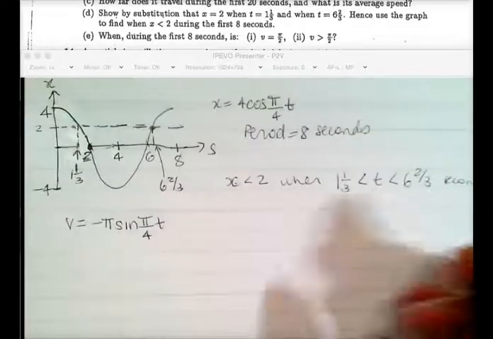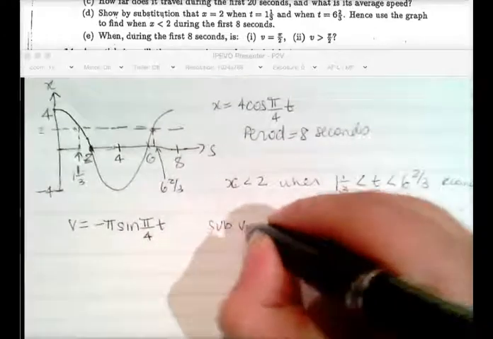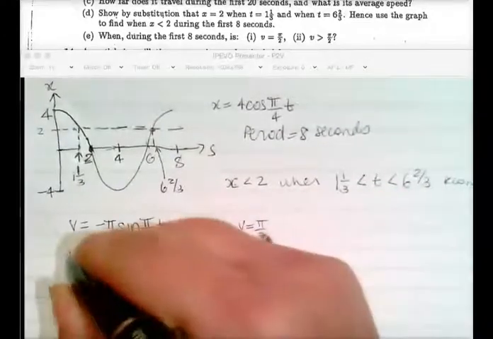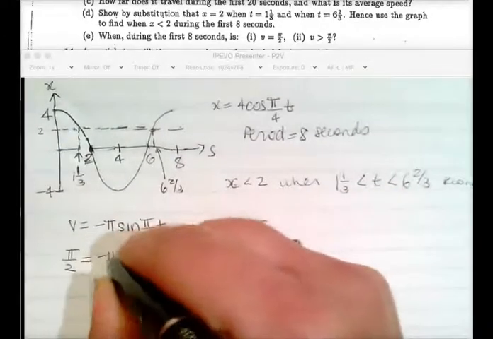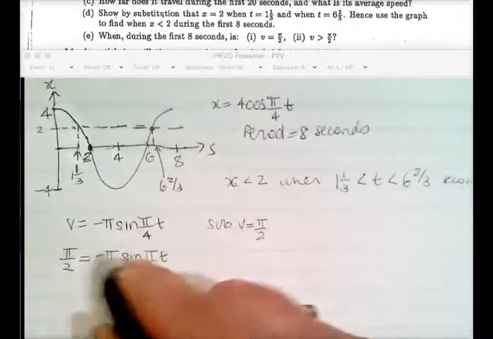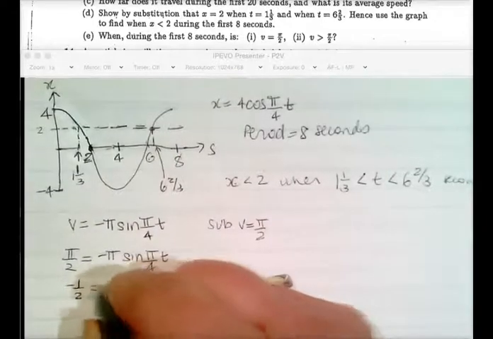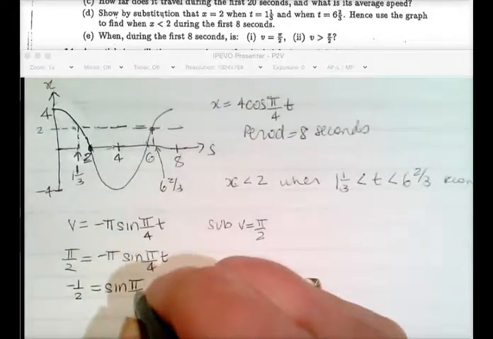When during the first 8 seconds is the velocity equal to pi on 2? Well, I'm going to sub velocity equal to pi on 2 and get pi on 2 equals negative pi sine pi on 4t. I'm going to do this by solving. Dividing by negative pi, I get negative 1/2 equals sine pi on 4t.